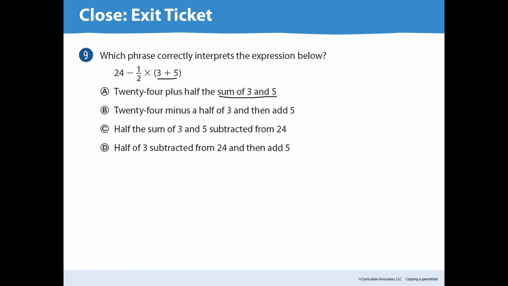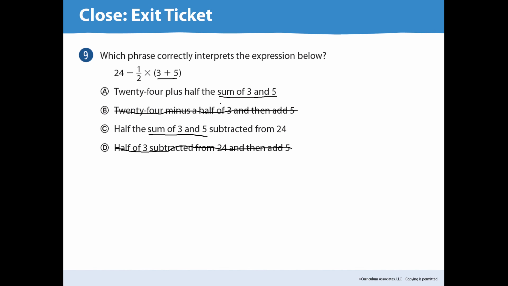So this one, we're going to cross this whole thing out because that one doesn't make sense. Let's see, half of the sum of 3 and 5. There's the sum of 3 and 5, so that one would work. Half of 3 subtracted from 24, then add 5. That's not finding the sum of 3 and 5. So we're looking at either A or C.